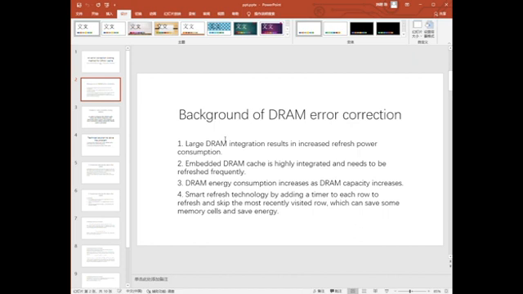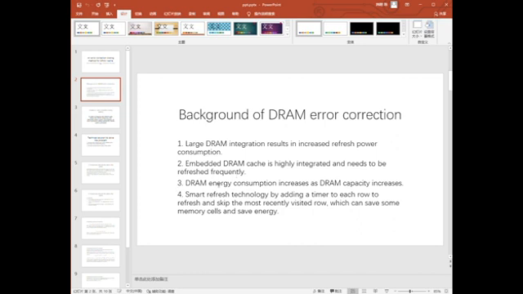1. Large DRAM interconnection results in increased refresh power consumption. 2. Embedded DRAM cache is highly integrated and needs to be refreshed frequently. 3.